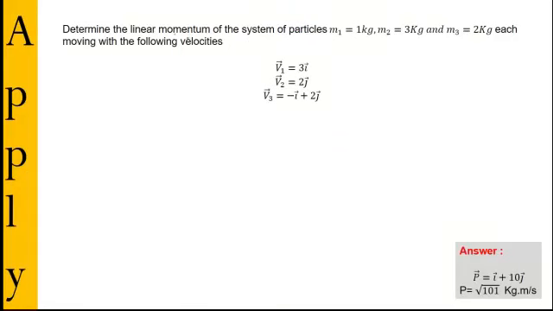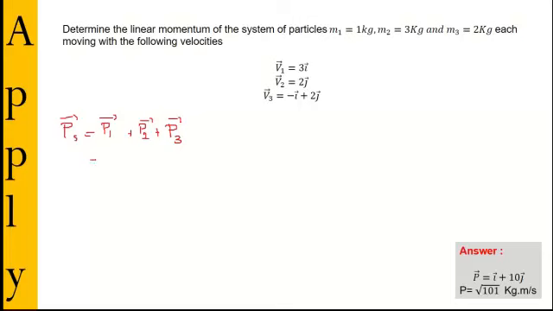So let's suppose we have to find the linear momentum of a system of particles with masses m1, m2, and m3, each moving with the following velocities. We have v1, we have v2, we have v3. So in order to find P total of the system, we'll say that P of the system is equal to P1 vector plus P2 vector plus P3 vector.